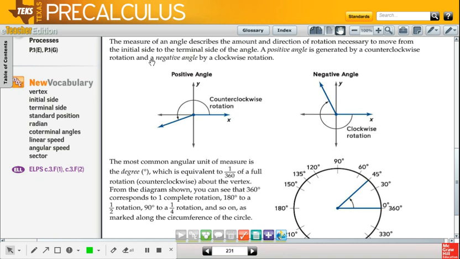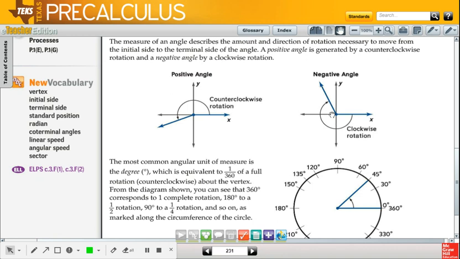Continuing from the same sentence, a negative angle is generated by a clockwise rotation. Let's look at the example here, the negative angle. Starting from the initial side, the one on the x-axis, the right side, a negative angle moves in a clockwise direction. If you follow the black arrow, as you can see, the angle is moving clockwise and it stops at the terminal side.